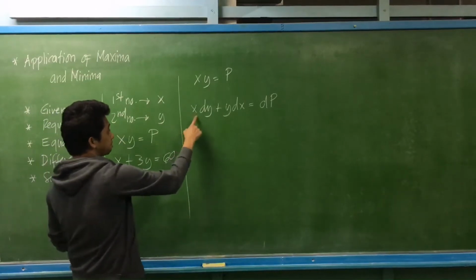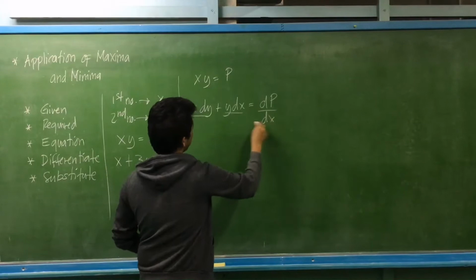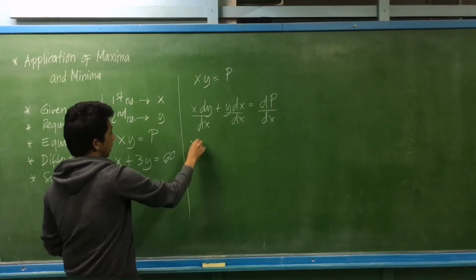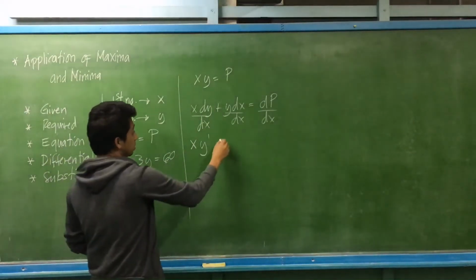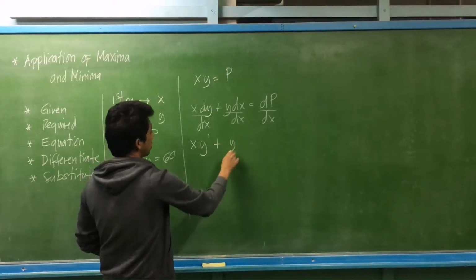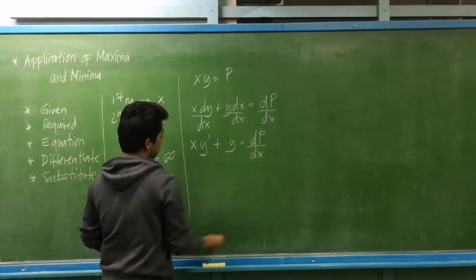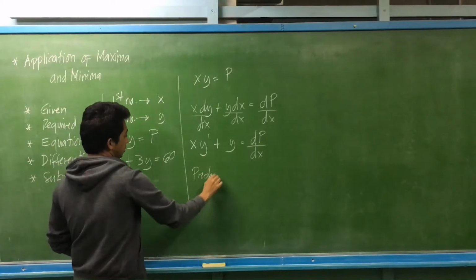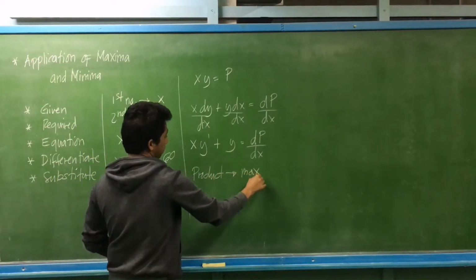Dividing all terms by dx, we have x times dy over dx, which is y prime, plus y is equal to the differential of the product divided by dx. The product should be the largest product, which is a maximum.